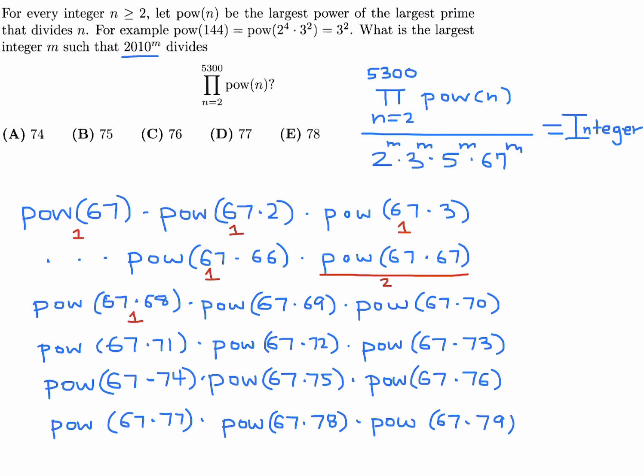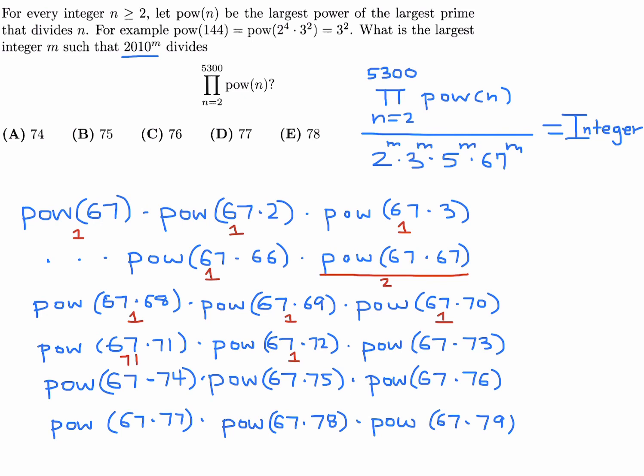Okay, let's keep going. This gives you 1. This gives you 1. This gives you 1. Now, this is the tricky one. Why? Because 71 is a prime. So the pow of 67 times 71 will not be 67. It will be 71. So you don't get any exponent for 67. You see that there?